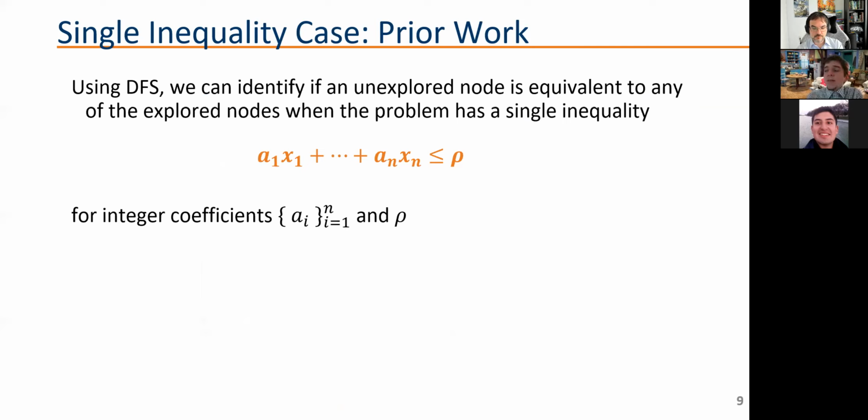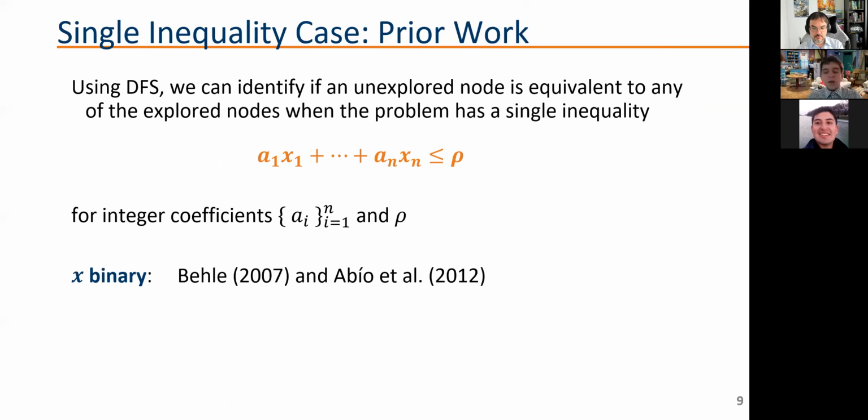And we assume that the right-hand side and all these coefficients, the a coefficients, are all integer. Then we know exactly when these problems are going to be equivalent or not. This was explored in the case of x being binary, and also in the case of x being discrete. What I'm going to show next is the general approach by Abío and Stuckey in 2014, which covers all of that at once.